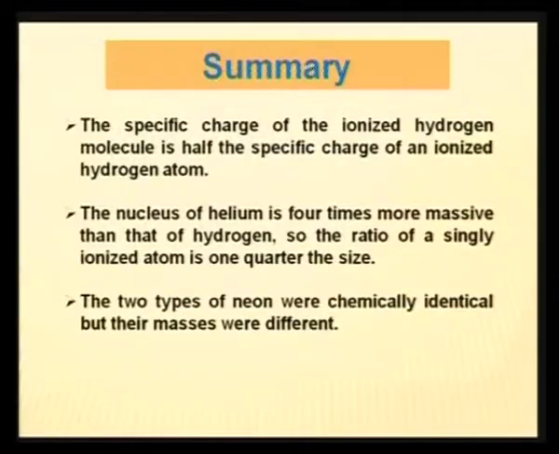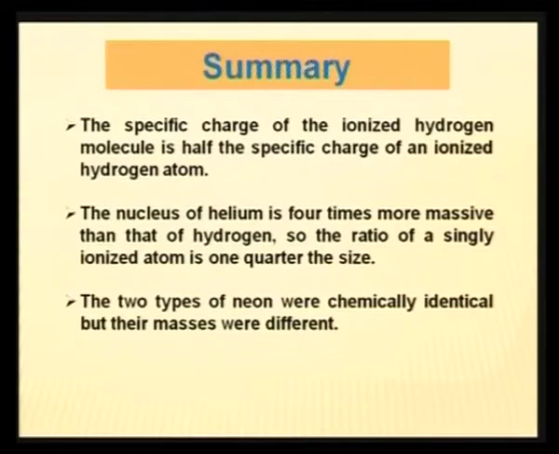Let me now pass on to the summary of this lecture, which goes as follows. The specific charge of the ionized hydrogen molecule is half the specific charge of an ionized hydrogen atom. The nucleus of helium is 4 times more massive than that of hydrogen, so the ratio for a singly ionized atom is 1/4.